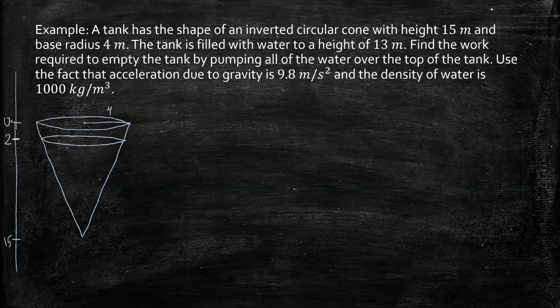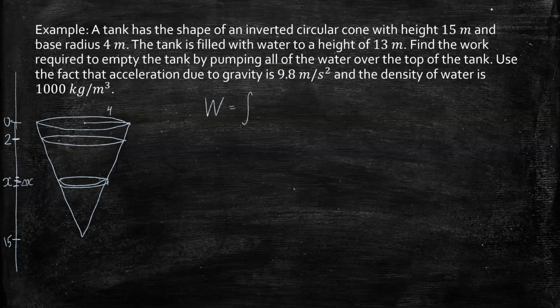So to set this up, we're going to follow the same steps outlined in the previous conversation. And we're going to consider some level x. And at this level, we're going to be looking at pumping the layer of height delta x. And the formula for finding the work is the following.